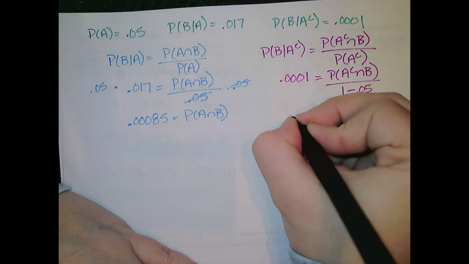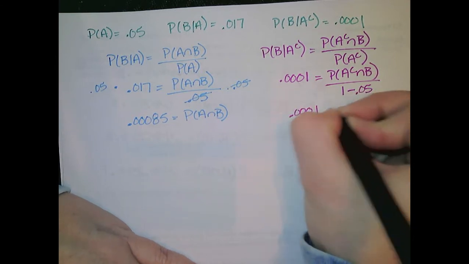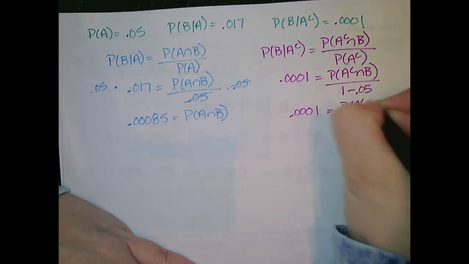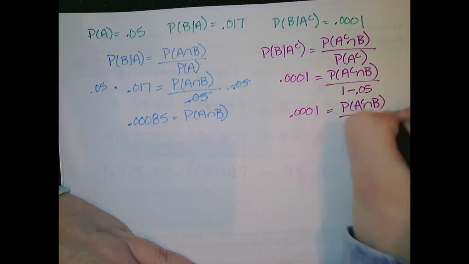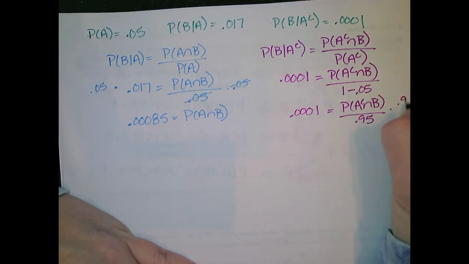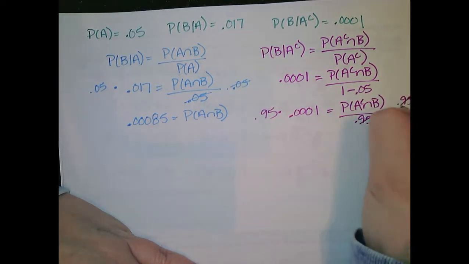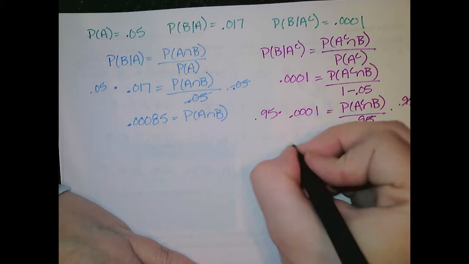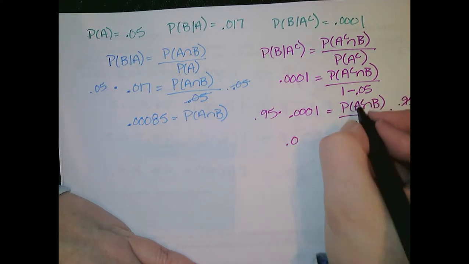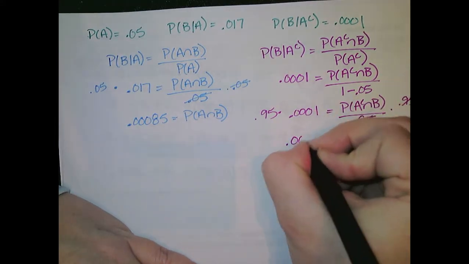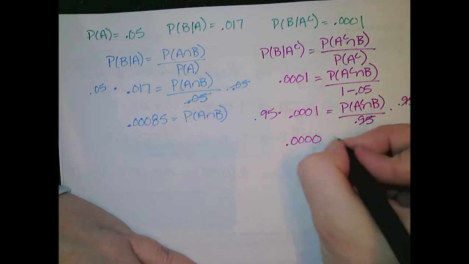We get 0.0001 equals the probability of not A and B divided by 0.95. And so if I multiply both sides by 0.95, I get, again, that the probability of not A and B is 0.0000095.